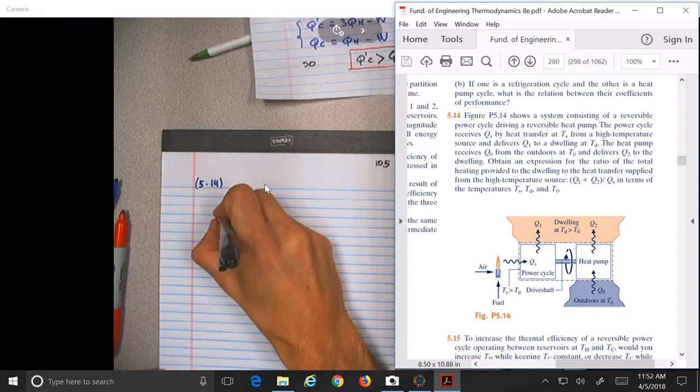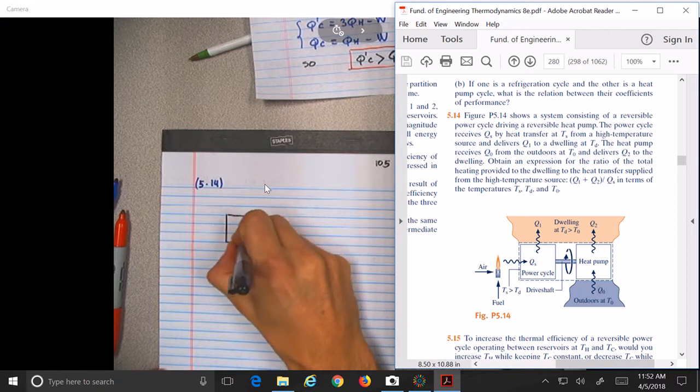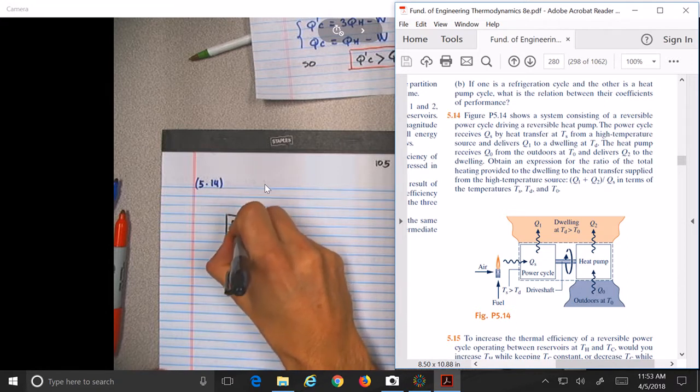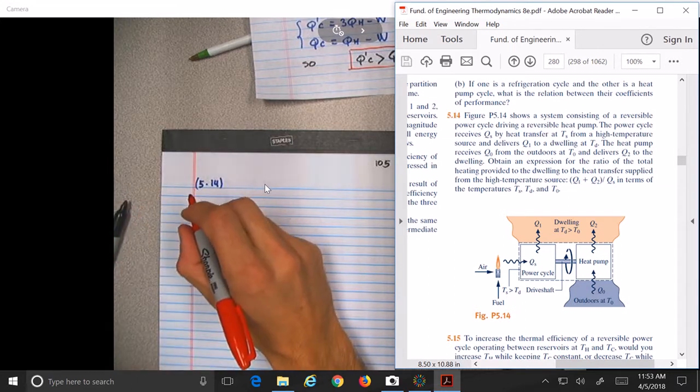So it looks like we have a power cycle over here. That to me is receiving heat by some type of air.